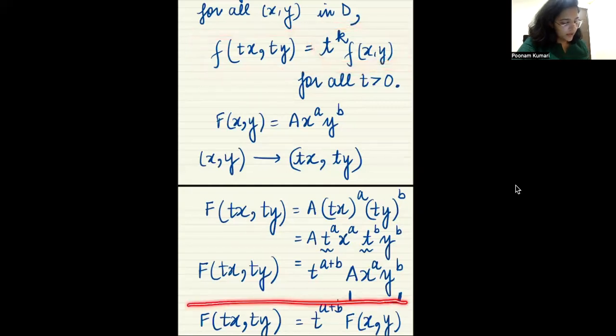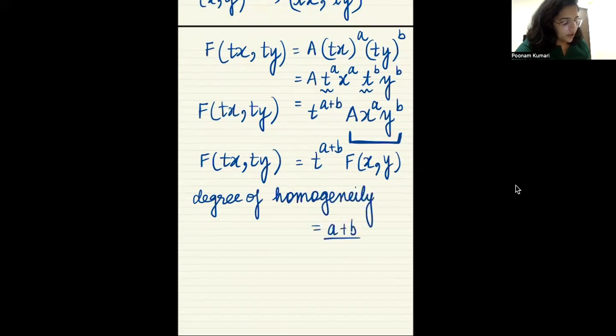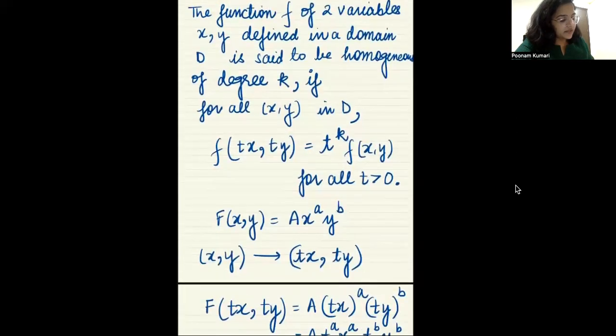So the function we took as an example is following the homogeneity property. So what is the degree of homogeneity of my function? A plus B. Yes, the degree of homogeneity is equal to a plus b, because whenever the degree is k, you have t raised to the power k.